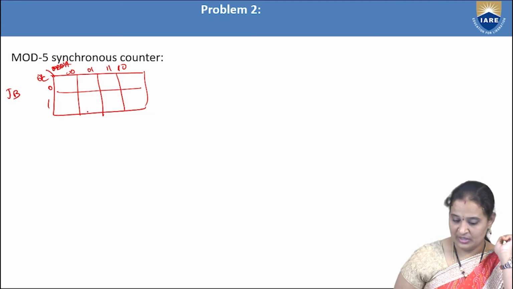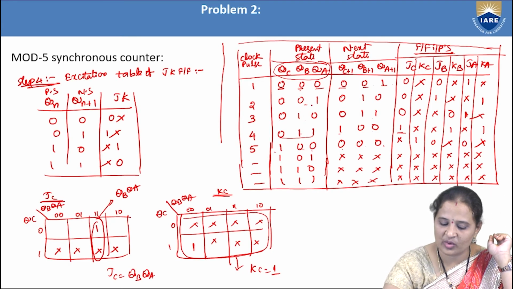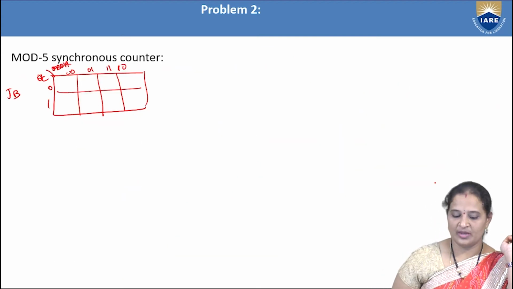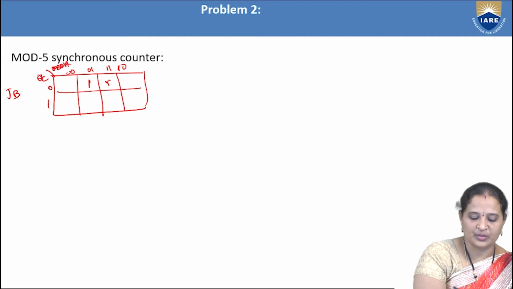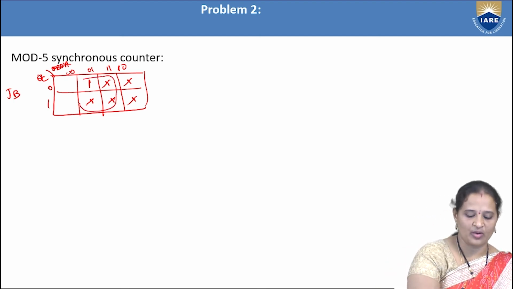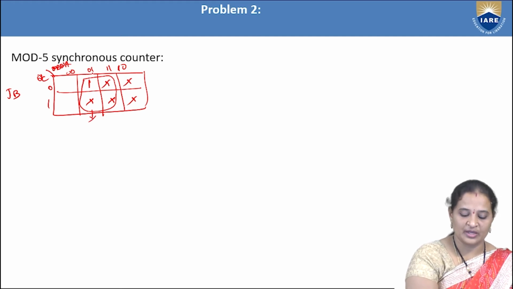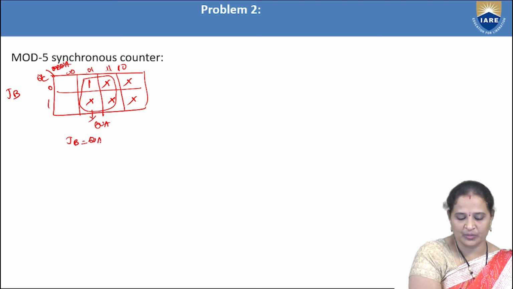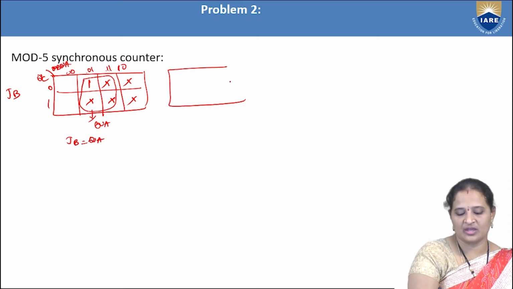JB is 1 for 0, 0, 1 and don't care for 2, 3, 5, 6, 7. So what can I do here? I can form a quad here. What is the prime implicant for this one? As QC value is varying, eliminate QC, and QB is also varying, so eliminate QB, leaving only QA. So JB is equal to QA.